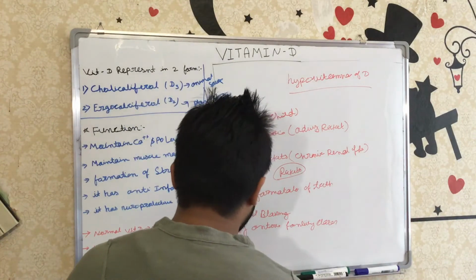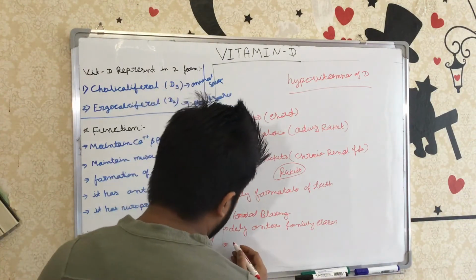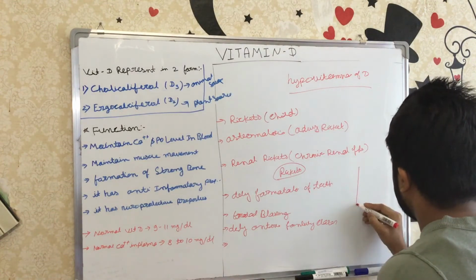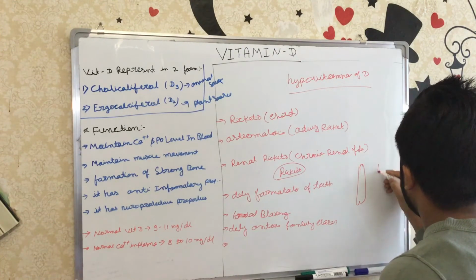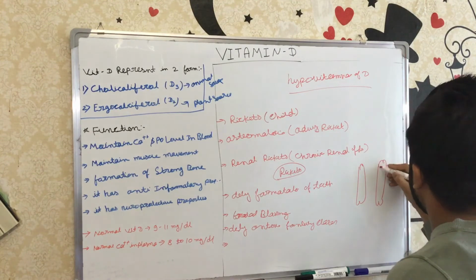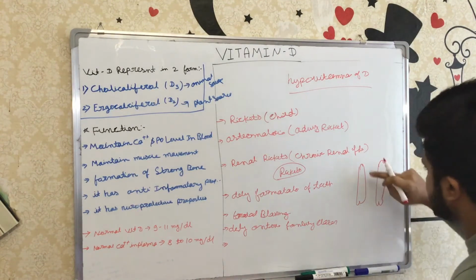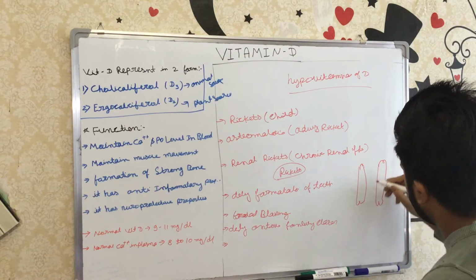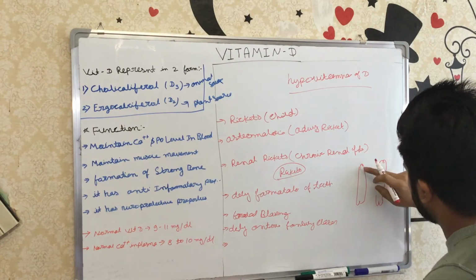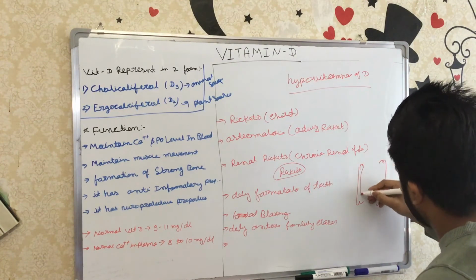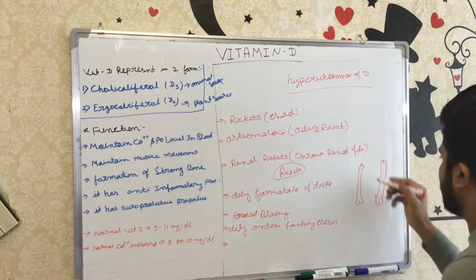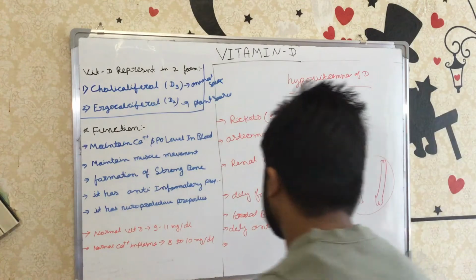For example, this is a normal bone, but during rickets the bone becomes like that, bent. Also we can see the rachitic rosary.